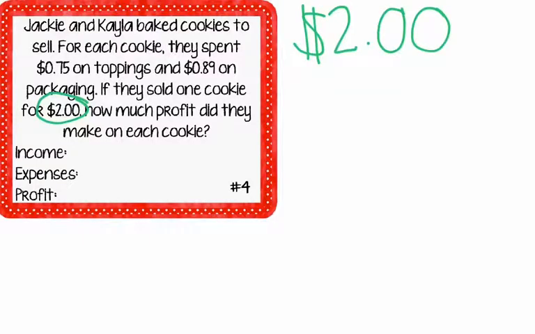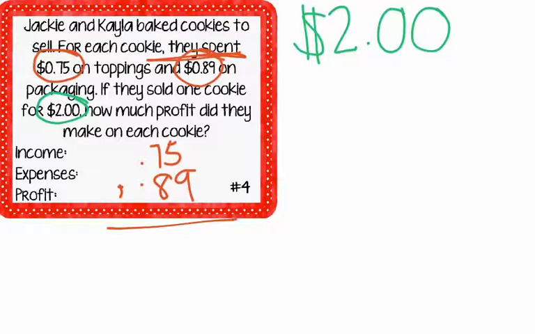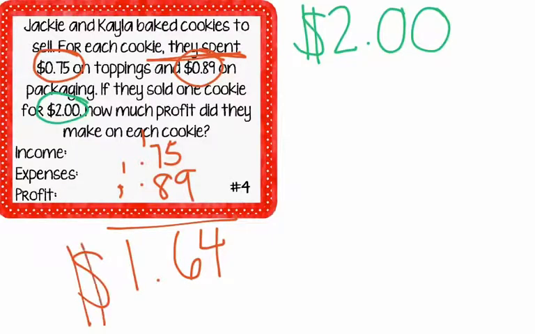We know their expenses, 75 cents on toppings and 89 cents on packaging. So I have to add that up real quick. Let's add up 75 cents and 89 cents. It's $1.64. So their expenses for each cookie were $1.64.